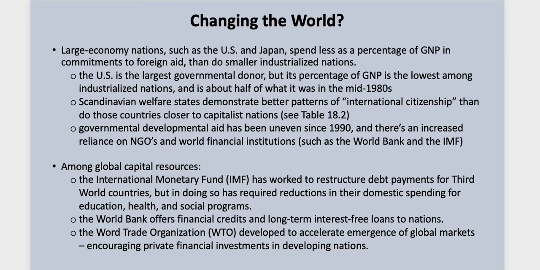The most advanced economic nations like the United States and Japan spend less as a percentage of their gross national product on commitments to foreign aid than do the smaller industrialized nations. Now, we are the largest governmental donor, but our percentage of GNP is the lowest among industrialized nations, and compared to where we were in the mid 1980s, is about half of what it once was. So think about that.